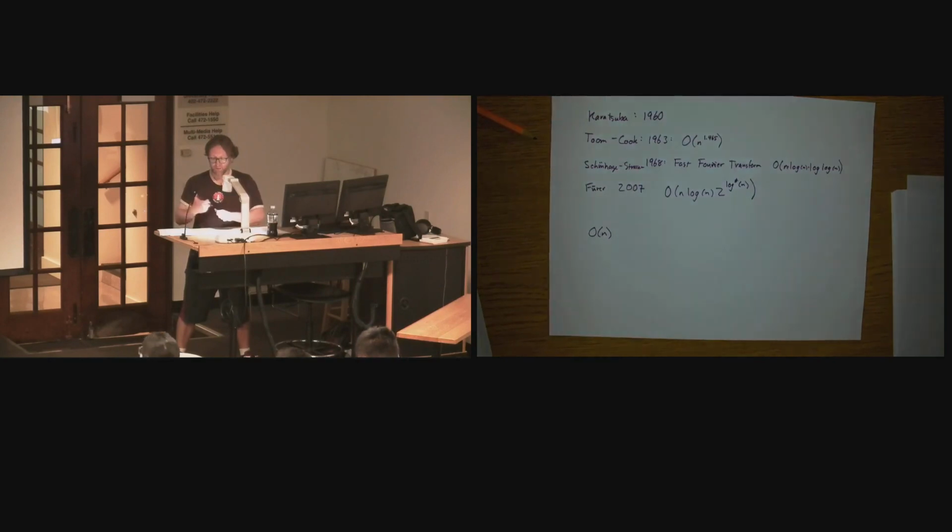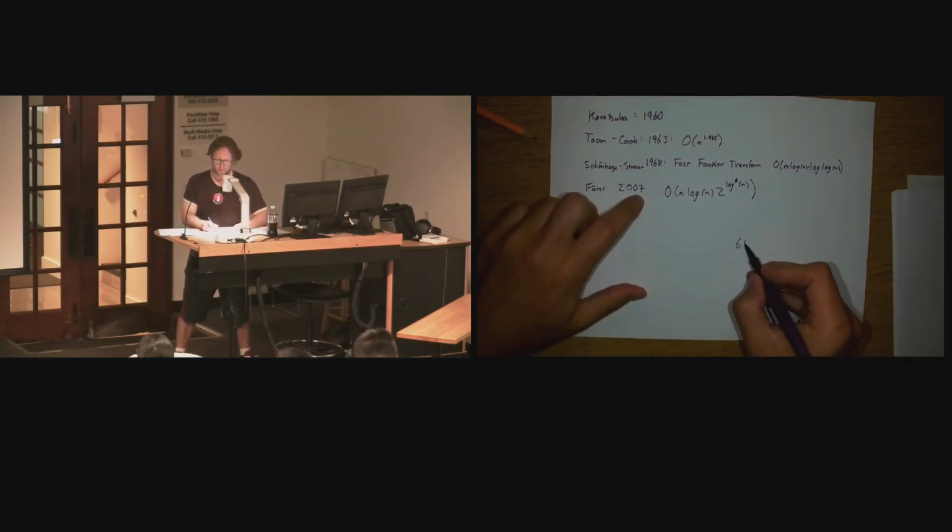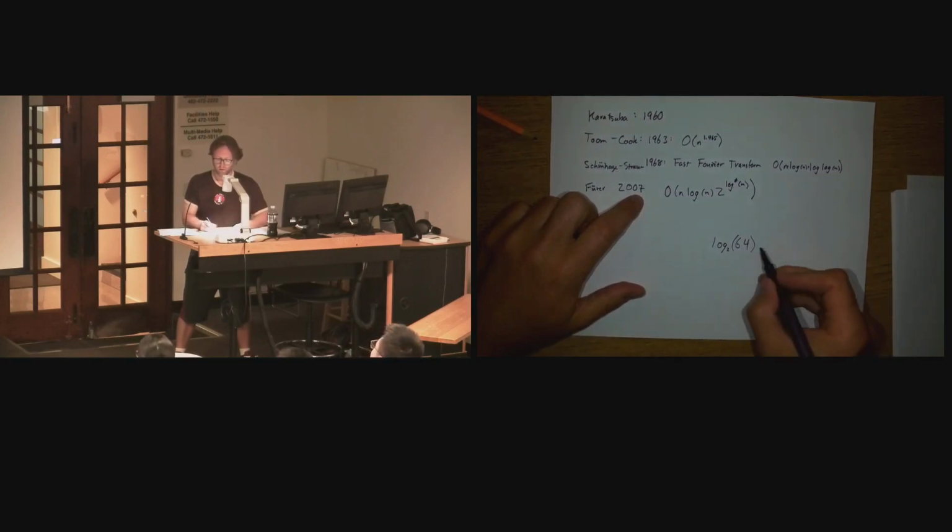So take a number, x. How many times do you have to take the log of that number until you get to 1? So 64. If I take log base 2 of 64, what do I get? It's a 6. So that's one iteration. What if I take the log base 2 of 6? I will get 2 point something. What if you do that again?